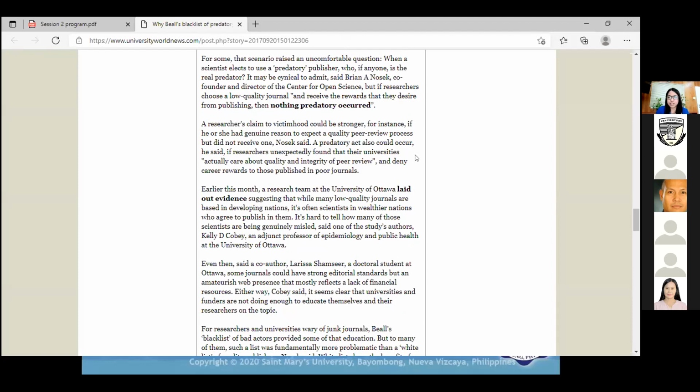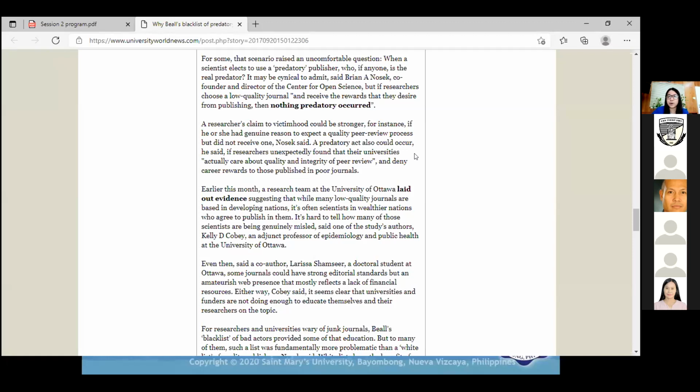Do you think there is a predatory act that occurred there? It is the option of the researcher that even if it is low quality, he wants it to be published because of the purpose of publishing it and nothing more than that.